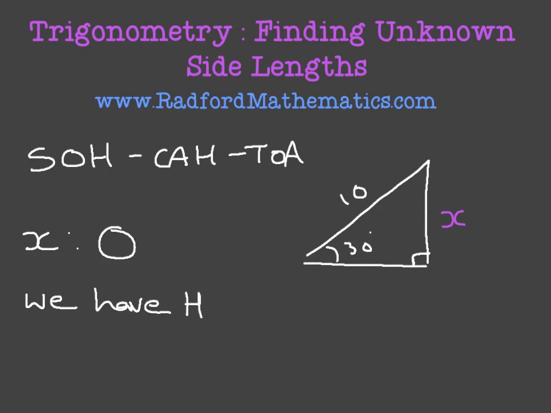Now, the trick is, looking at SOH-CAH-TOA, which I wrote here, which of those three, SOH, CAH, or TOA, do you see which has both O and H inside it? Well, it shouldn't take you too long to see that the only one that has both O and H is SOH. Indeed, I can see that I have O and H here.